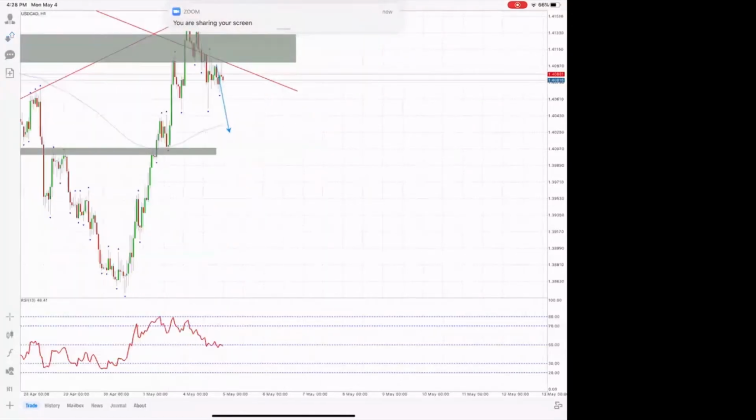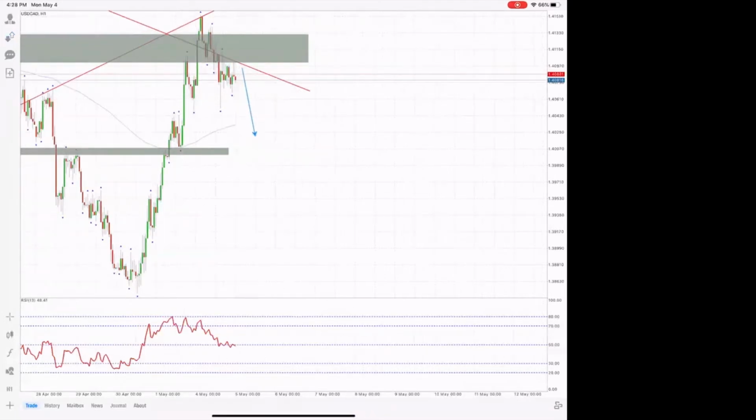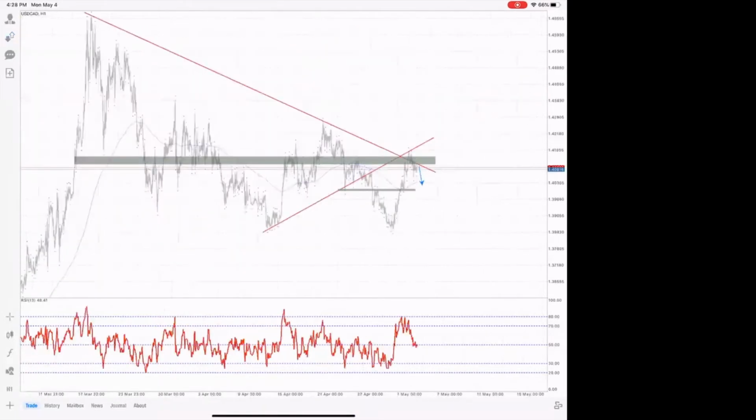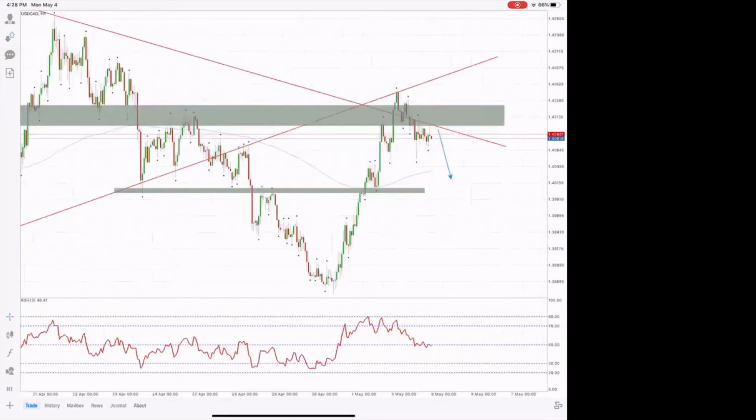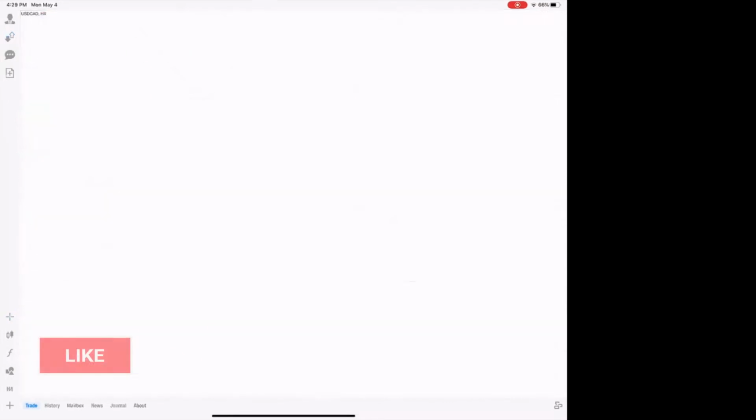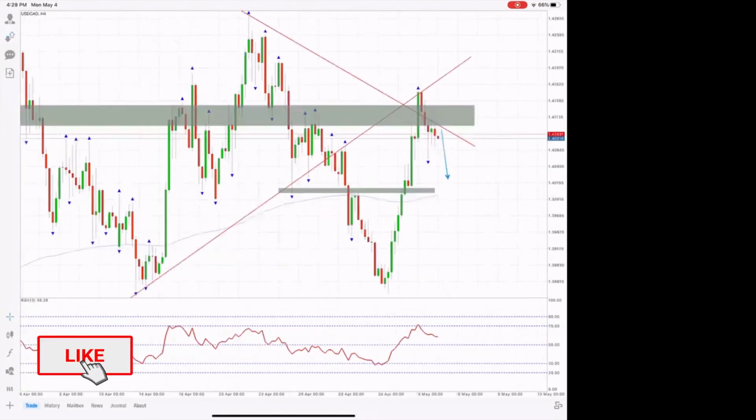All right, so really not much to show here on dollar Canadian, except that we did have this false breakout here into this area, which I was expecting yesterday in our week ahead video. So as long as we trade under here, I love this setup. Anytime I can find a false breakout like this, these are some of my favorite trades.